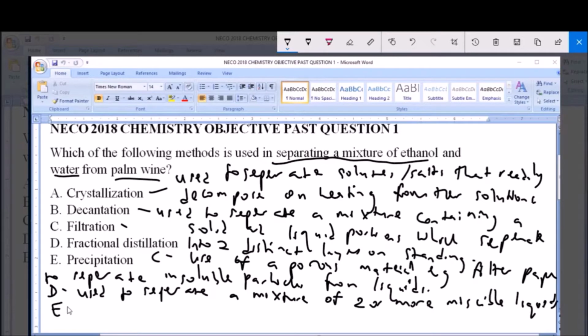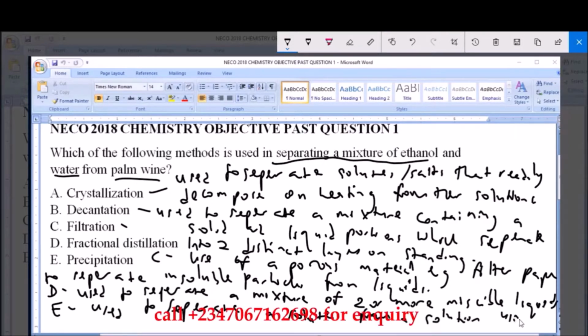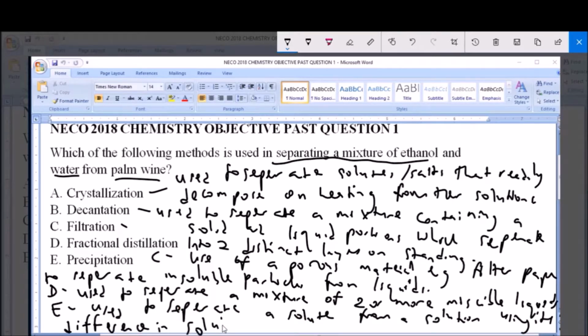And lastly, option E, precipitation, is used to separate a solute from a solution using its difference in solubility in two different miscible liquids. Okay, so from this now, the mixture of ethanol and water and palm wine are all miscible liquids.